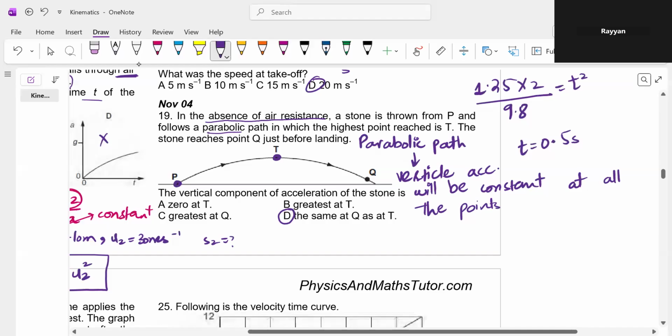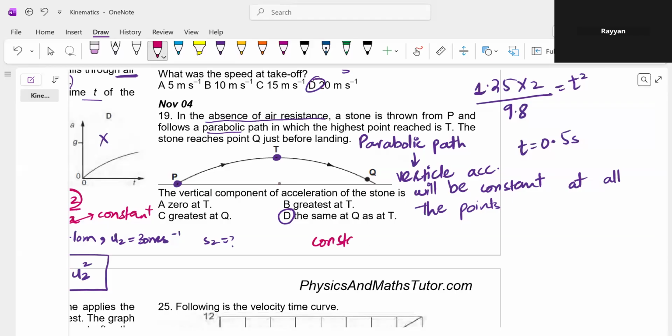You remember that I told you when we were discussing projectile motion that there will be a constant force, and that force will correspond to the G value, and that G is 9.81 meter per second square. If you remember that.